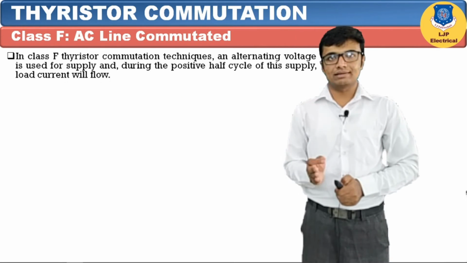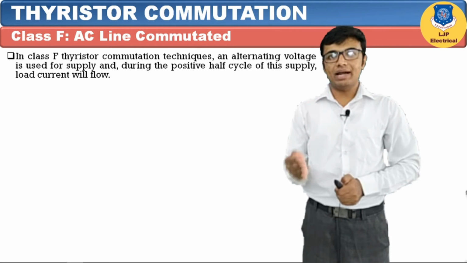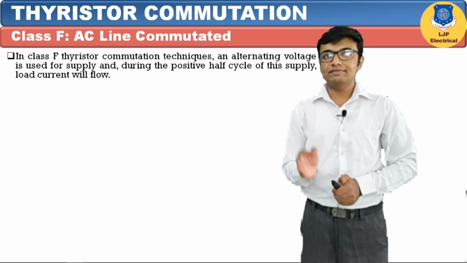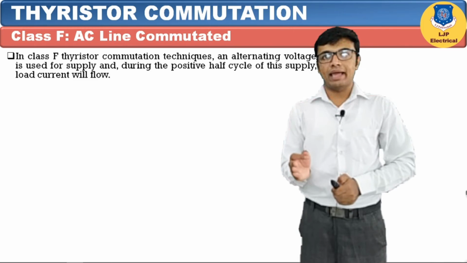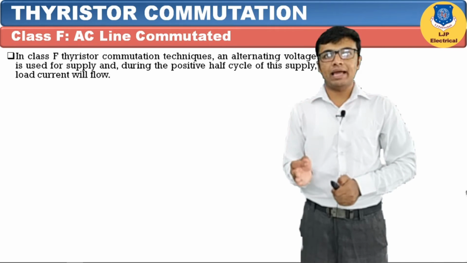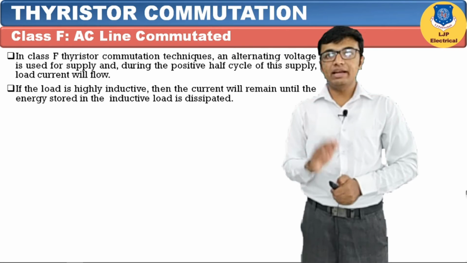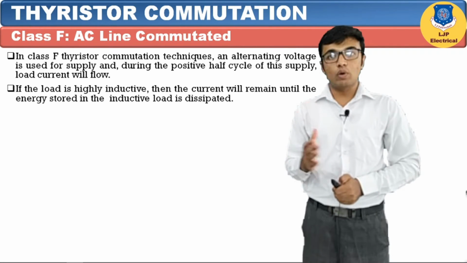Let's see the next commutation, that is class F commutation. This kind of commutation operates on the AC supply, whereas all of the previous commutations operated on the DC supply. In class F thyristor commutation technique, an alternating voltage is used for supply. During the positive half cycle of the supply, the load current will flow. If the load is highly inductive, then the current will remain until the energy stored in the inductive load is dissipated.